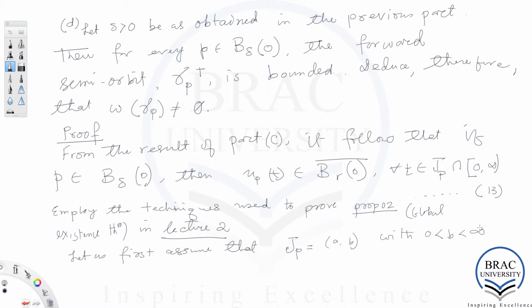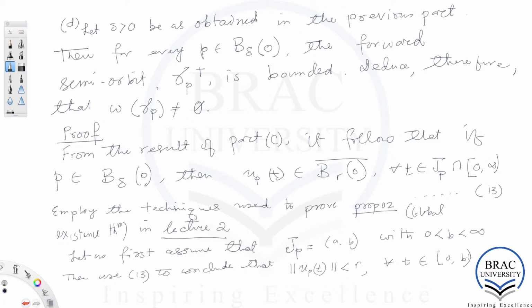Then we are going to use 13, the result that we proved in part C, to conclude that the norm of UP of T is strictly less than R for all T in 0, b.